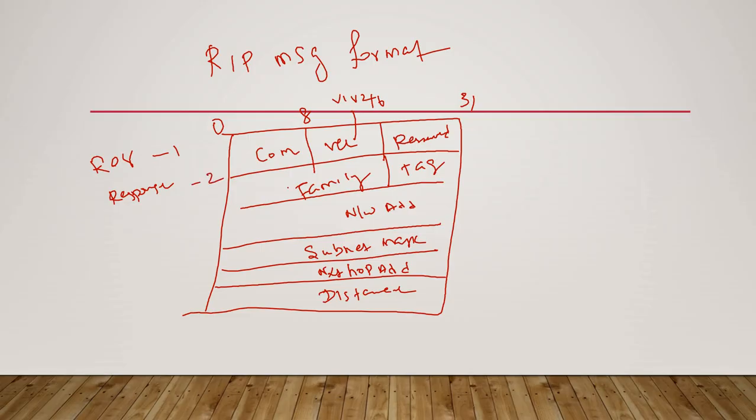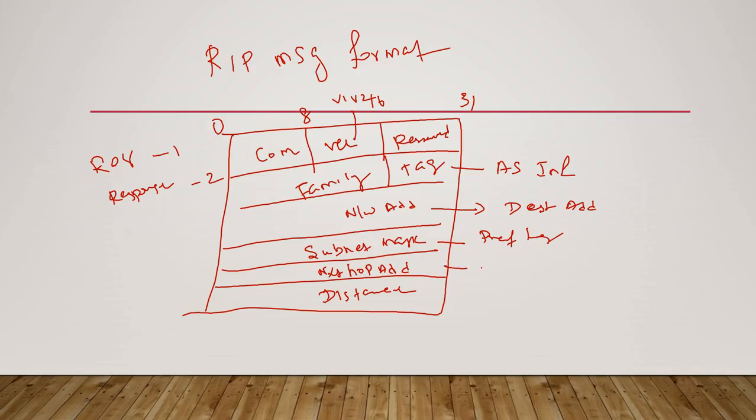And then family: it indicates what kind of family it belongs to, such as TCP/IP. And then tag is information about our autonomous system. The network address is our destination address, and the corresponding subnet mask is based on the prefix length.